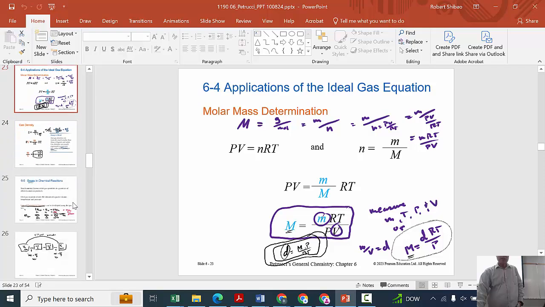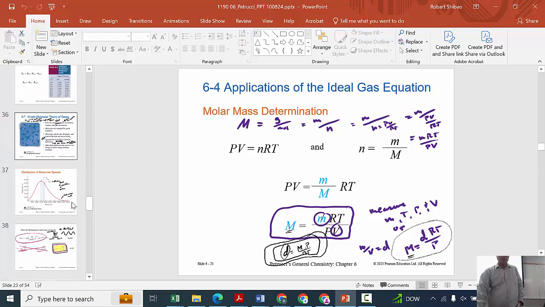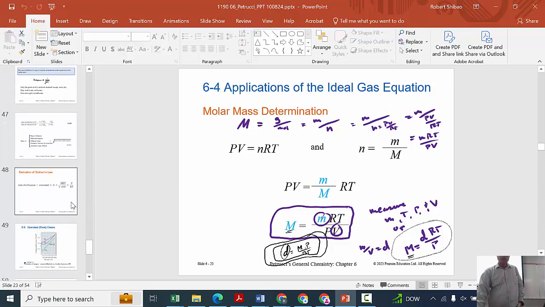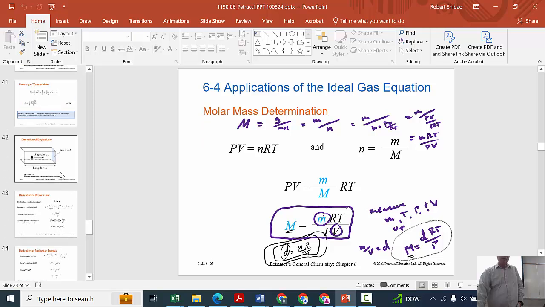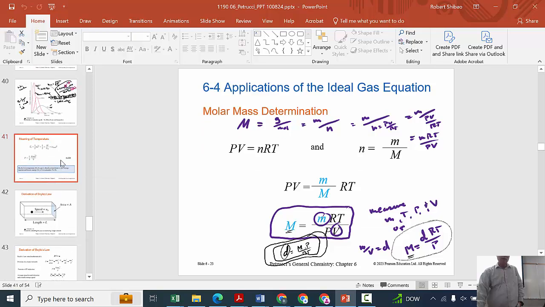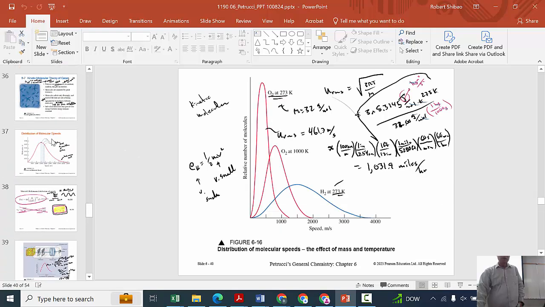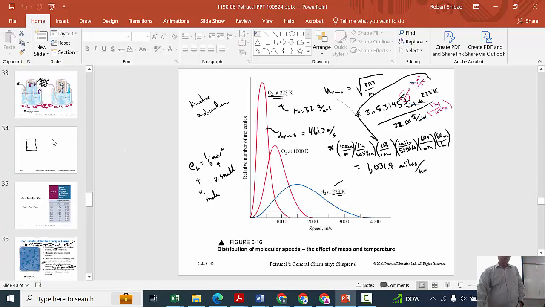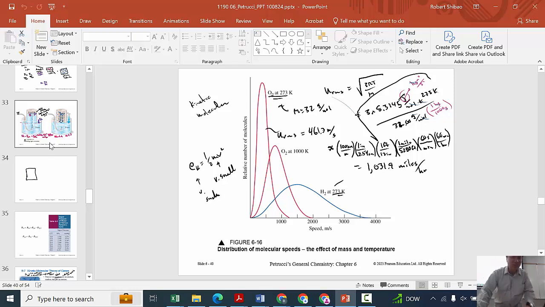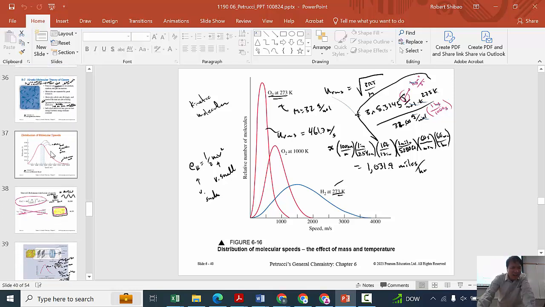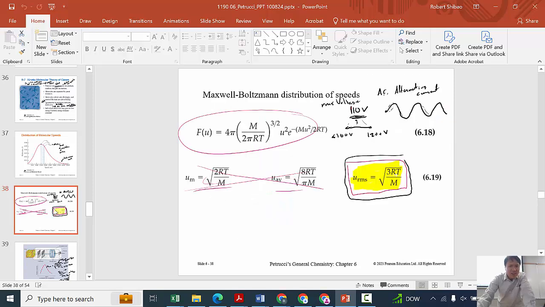All right, for gases, I went back and I looked at the equations here. So let's take a look at these.